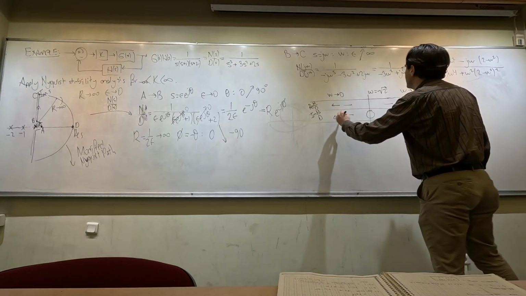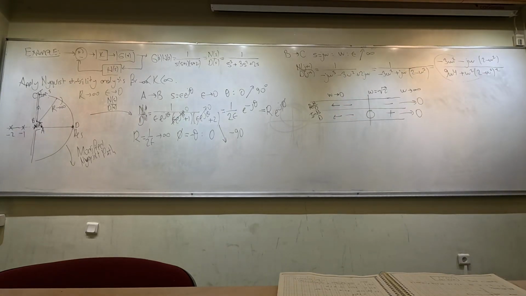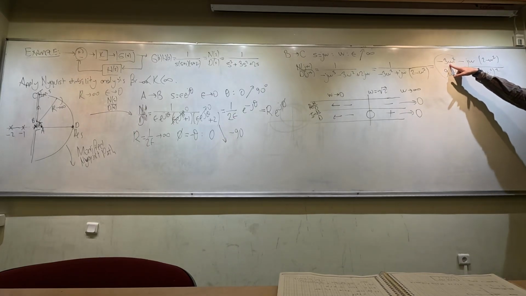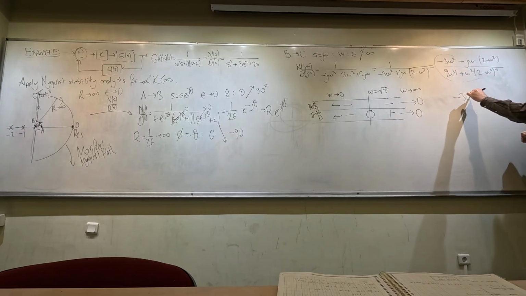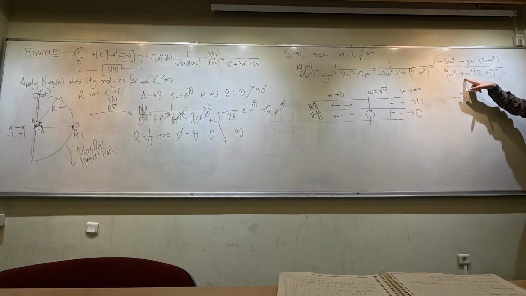As omega goes to 0, the smallest power of omega is going to dominate both the numerator and the denominator. The smallest power of omega in the real part is minus 3 omega squared. What is the smallest power of omega in the denominator of this quantity?